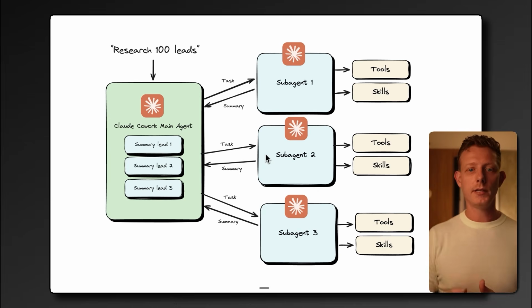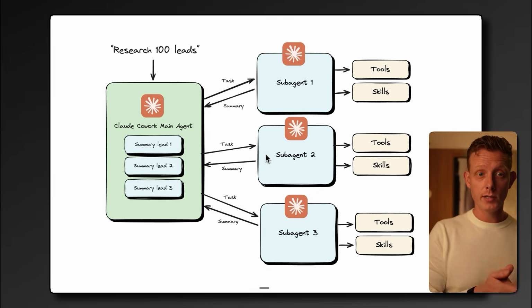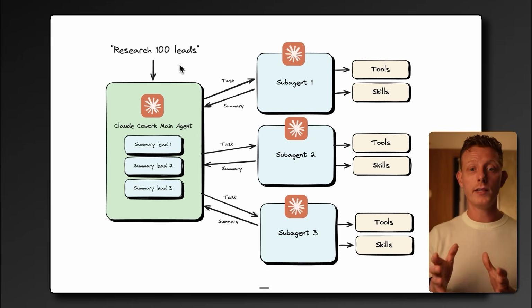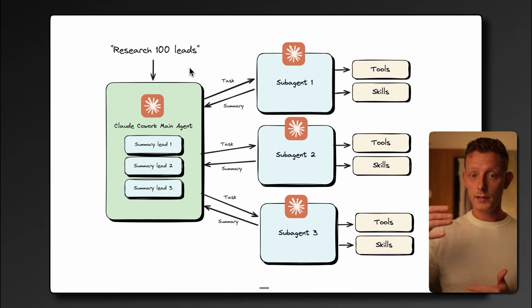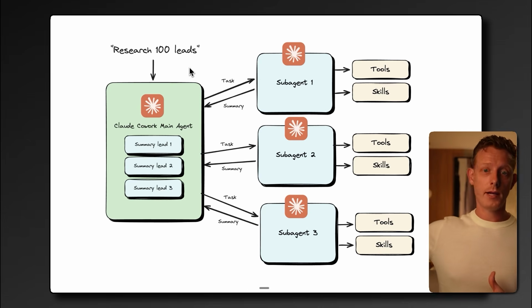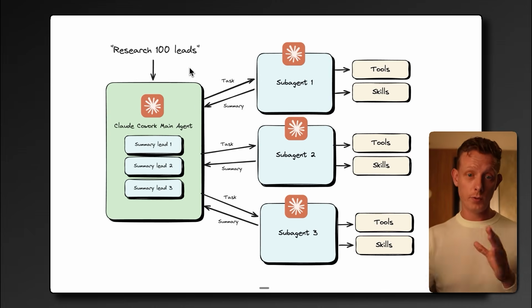And each of these sub-agents can also use tools and skills. For example, our lead intelligence sub-agent uses a LinkedIn scraper to scrape LinkedIn data. So if we tell Claude Cowork to research 100 leads, for example, it could spin up 10 sub-agents, each researching 10 leads, through, let's say, the LinkedIn scraper and other tools, and then give a summary of the lead research back to the main agent.